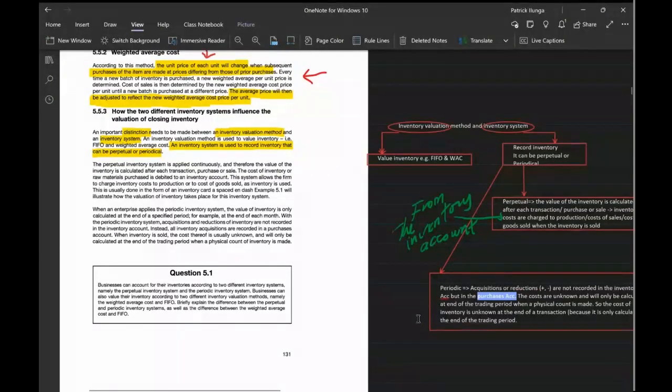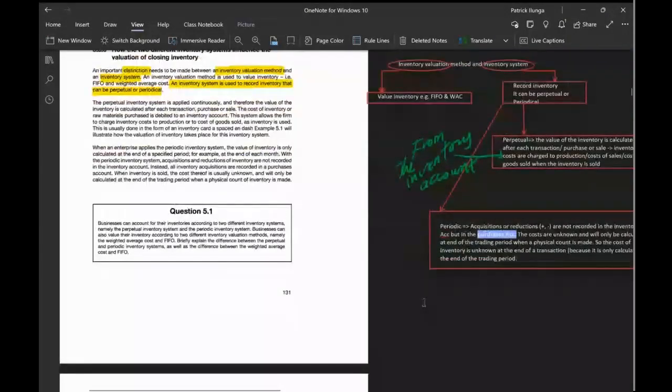Two things that you need to remember, very important: for the perpetual, you have an inventory account. Whatever inventory we bring in, we put it in an inventory account. When I'm talking about the inventory account, I'm not talking about the actual inventory. We are talking about the value, the cost of that inventory.